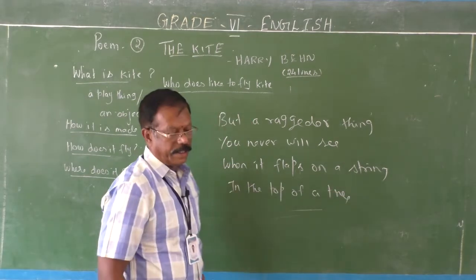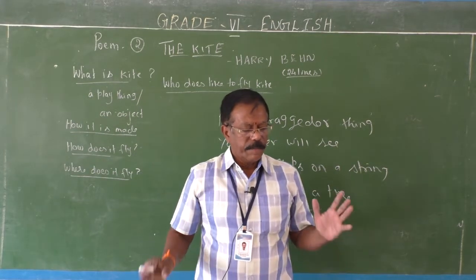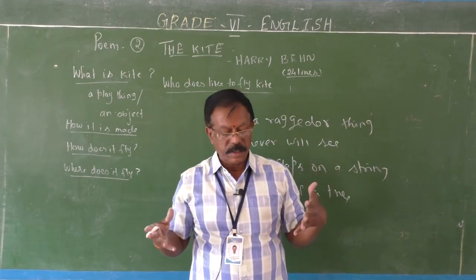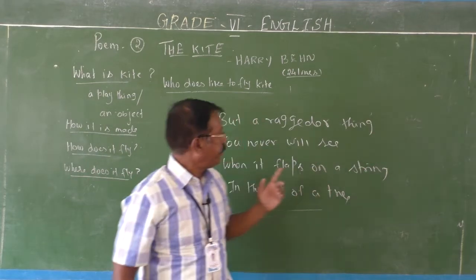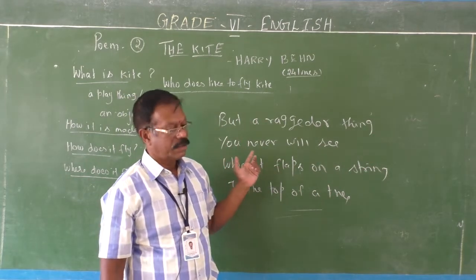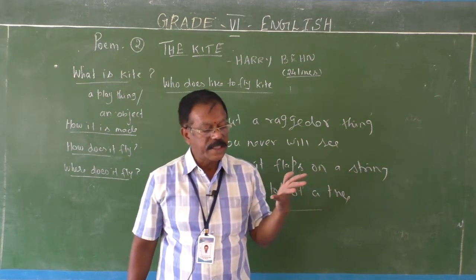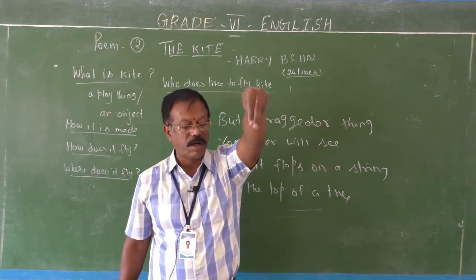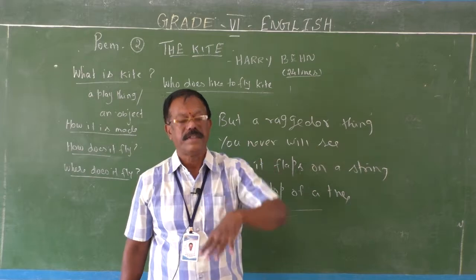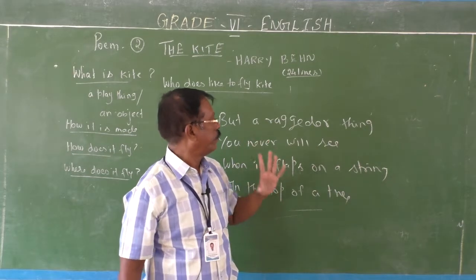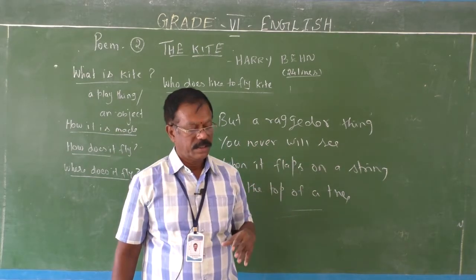Okay. See, but all of a sudden, what happens? When the string is cut off, the kite will draw itself on it, torn and torn. You never will see.